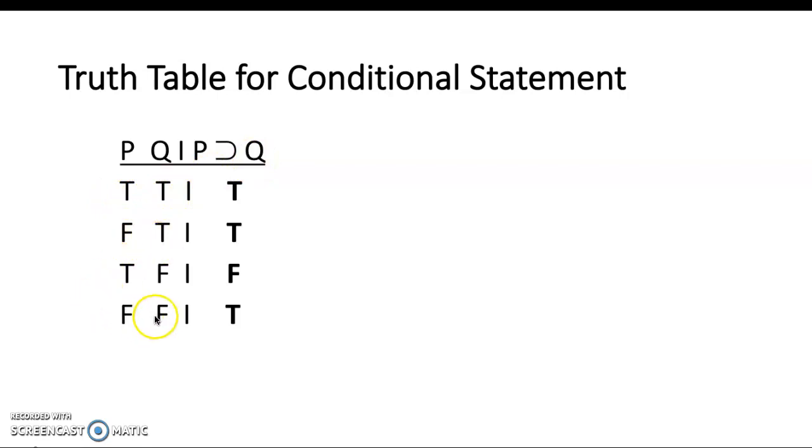Any other combination of truth conditions does maintain the entailment conditions of the conditional statement. So I hope that helps to clarify why, for any combination of truth conditions except when the antecedent is true and the consequent is false, we always get true for a conditional statement, and only false for this.